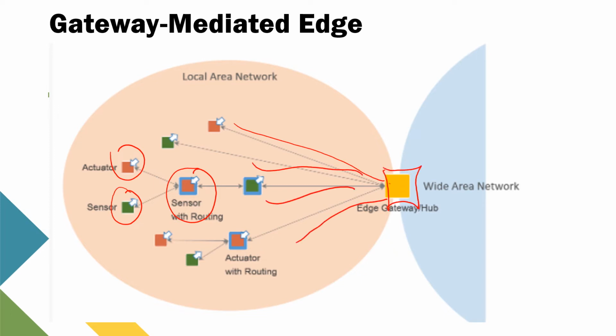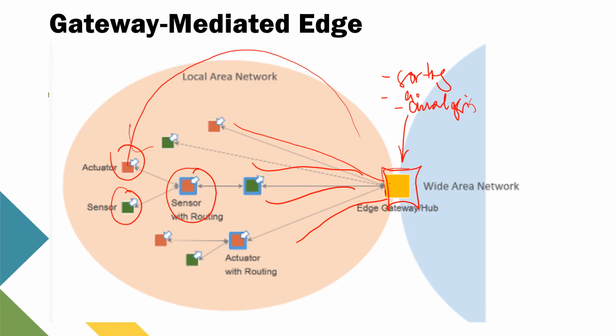This will be the middleman, the middle device that can do all the sorting, the aggregation of the information, and also analysis, so that it is closer to the devices. If some wrong data is found in the pre-analysis, before it goes into the wide area network or the platform tier, it can easily be sent back to the devices directly, like this.